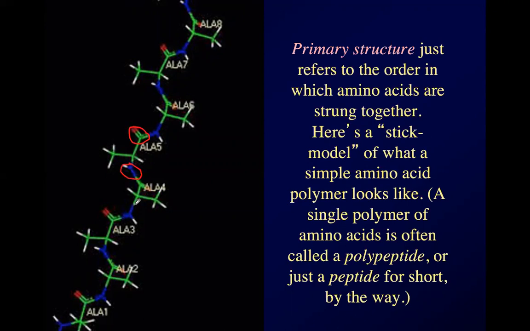And that forms a bond with the amino group and carboxyl group of another amino acid. There's the amino and carboxyl of yet another amino acid, and so on. So that's a model of what just a simple polymer of amino acids would look like if atoms look like sticks. We usually call just one polymer of amino acids a polypeptide, or just a peptide for short. So that's one polypeptide right there.